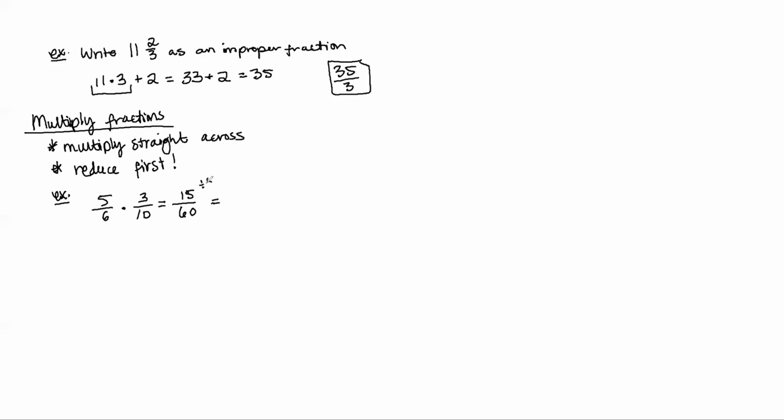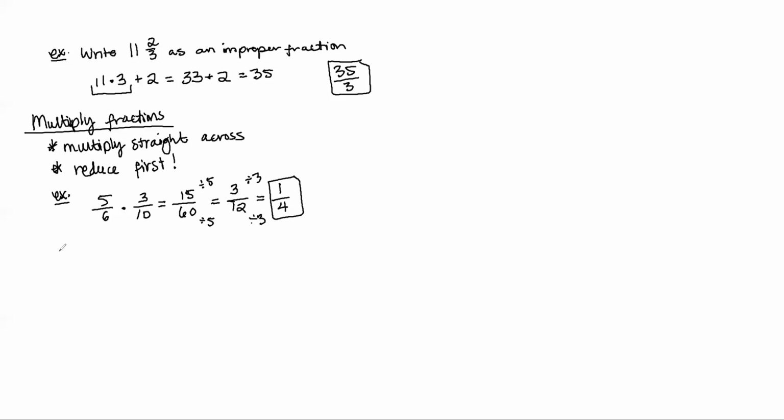So 15 divided by 5 is 3, and 60 divided by 5 is 12. And we can reduce one more time. We can divide both of these by 3. So 3 divided by 3 is 1, and 12 divided by 3 is 4. So again, always making sure you are completely reducing.